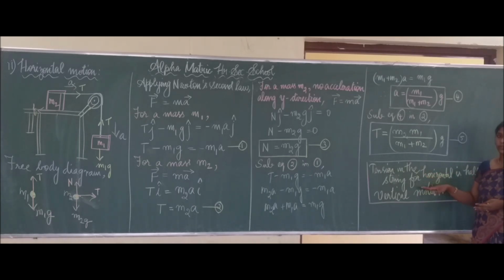This is a very, very important topic. Vertical motion is used in applications like lift cranes. Horizontal motion is mostly applicable in industry for conveyor belts. So in this you find the acceleration and the tension.